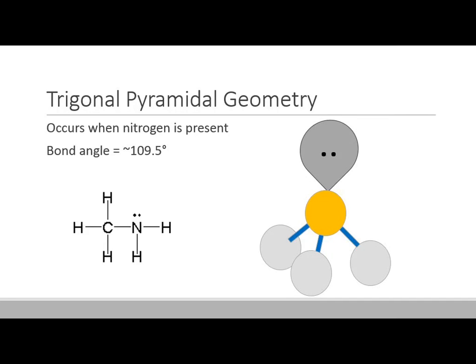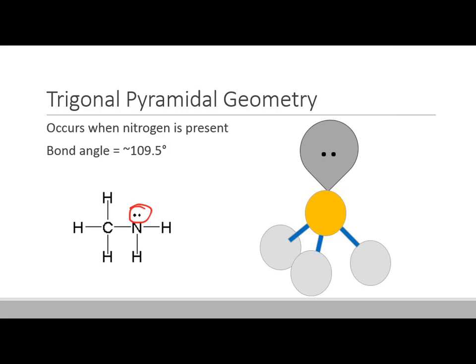Now there are also a couple of geometries that come into play whenever we alter a tetrahedral geometry. So the first occurs when we have a nitrogen usually, and this is called a trigonal pyramidal geometry. So notice that nitrogen has 3 bonds around it, and then it also has this lone pair.